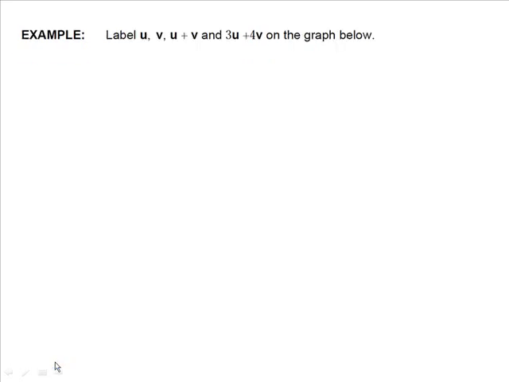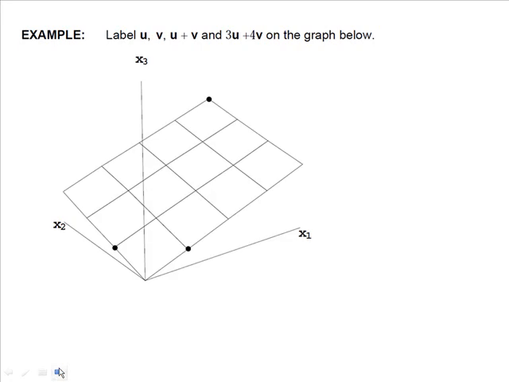Now let's look at this example. We want to label u, v, u plus v, and 3u plus 4v on our graph down here. Without telling you what the vectors are themselves, I'm just going to tell you that this is u and this is v.